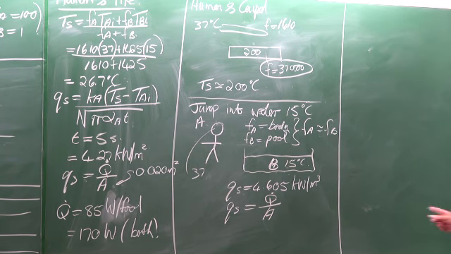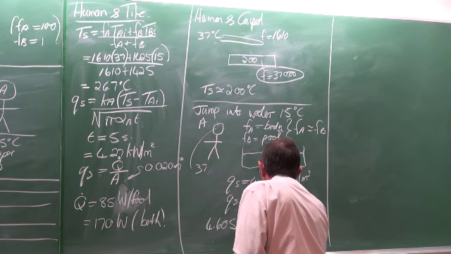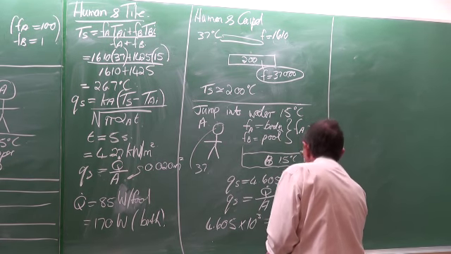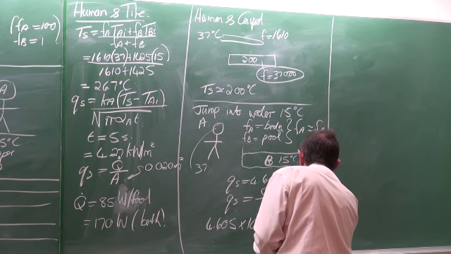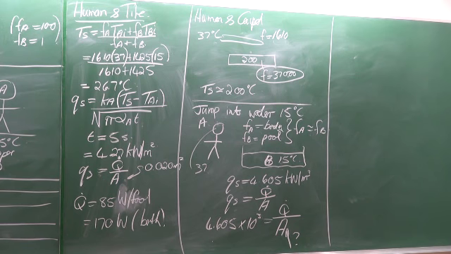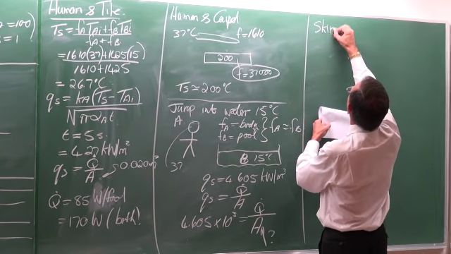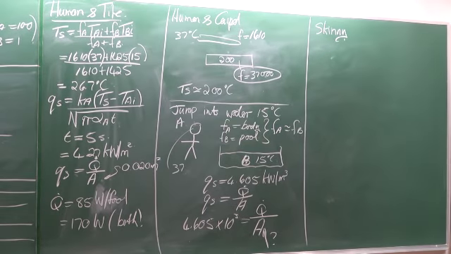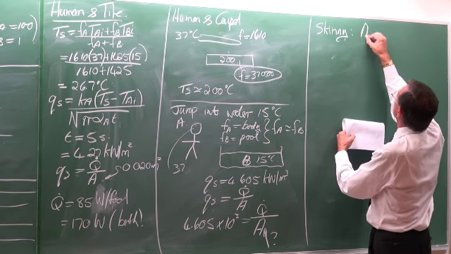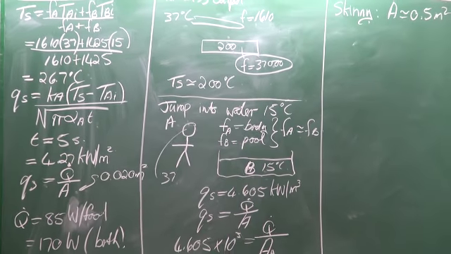Now this value, 4.605 multiplied by 10 to the 3, is equal to the heat transfer rate divided by the surface area. Now, each one of you must decide on your own surface area. Yes, it can be a very sensitive thing, but let's suppose you are very skinny, and your surface area is approximately 0.5 square meters.